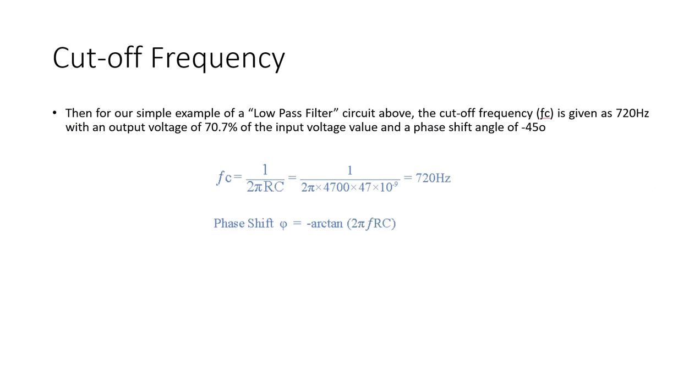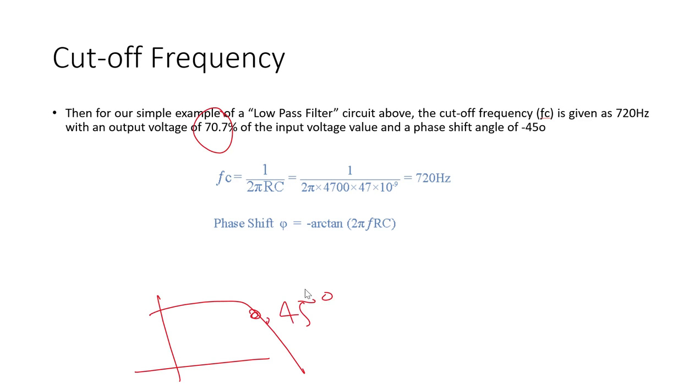What is this cutoff frequency? Cutoff frequency is the knee of the graph at which the circuit starts attenuating its output, and it gives an output of 70% of the input. So 70.7% of the output is at 45 degrees.